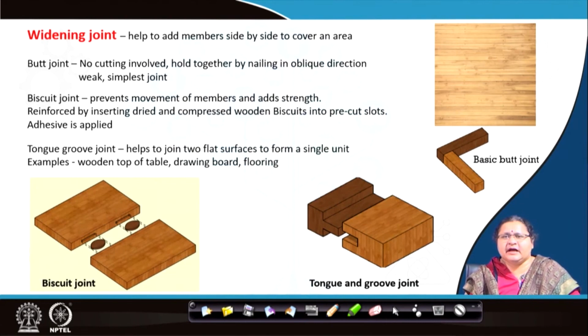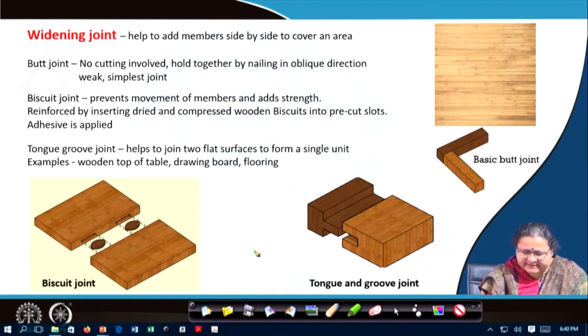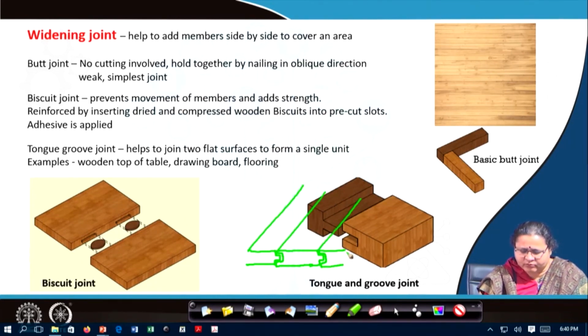You have tongue and groove joint. You can see this in your drawing boards. If you look at the cross section of the drawing board, you may see something like this. Then one member sits again. So, this projection continues to form the board.